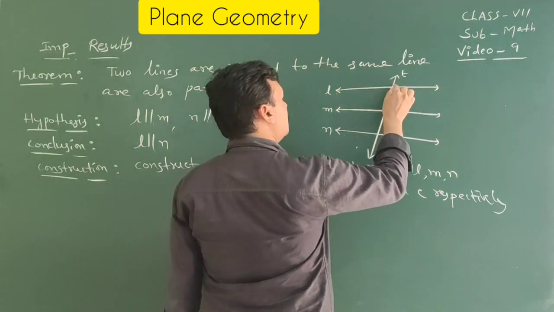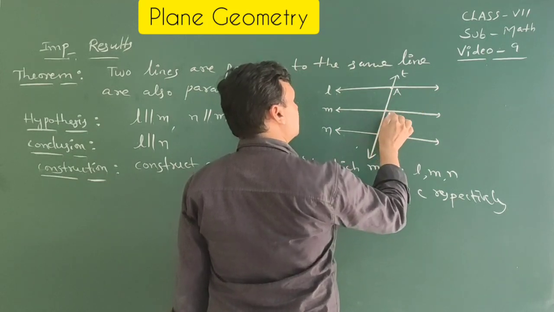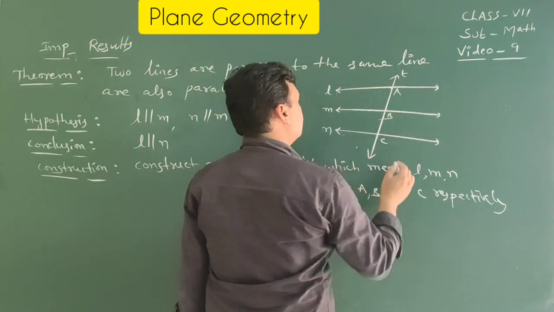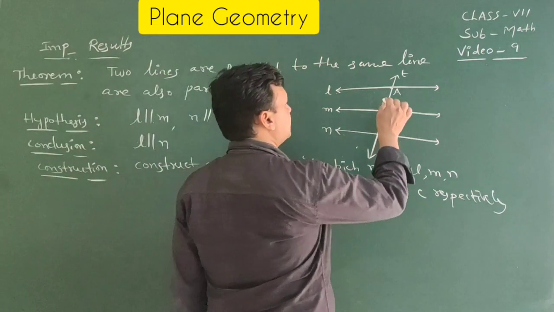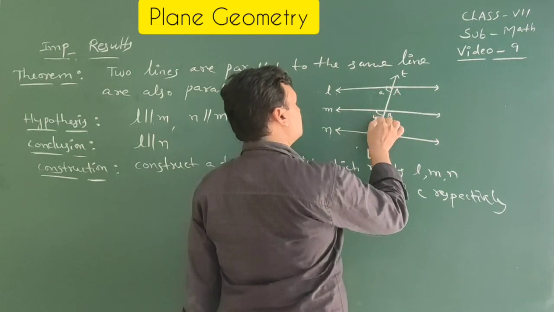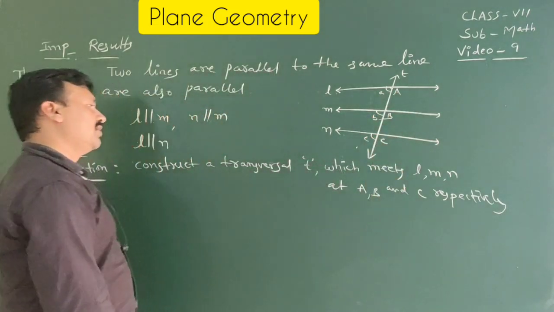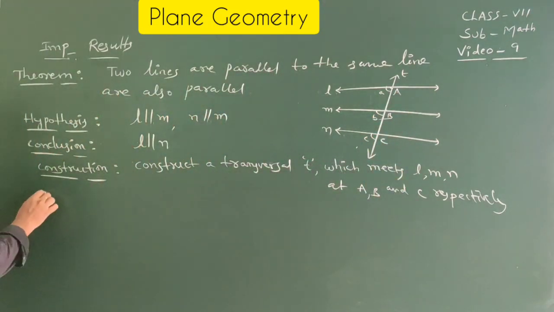P is a transversal, meets at A, at B, at C. We have three angles, small a, small b and small c. Proof.